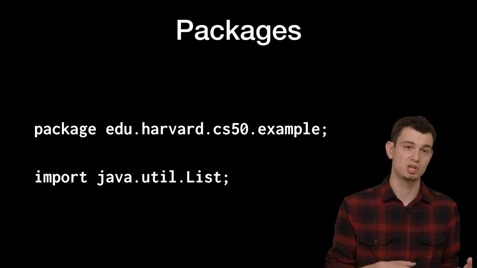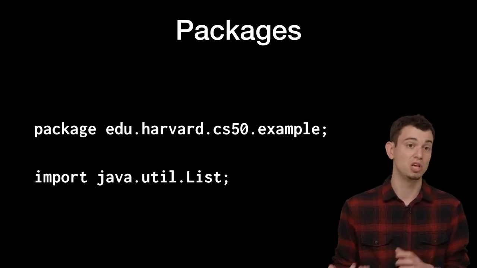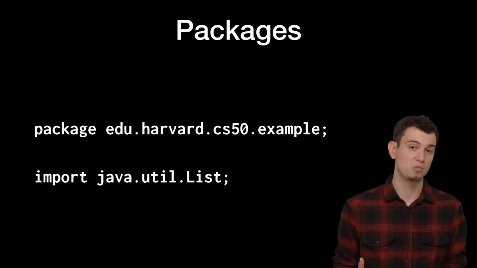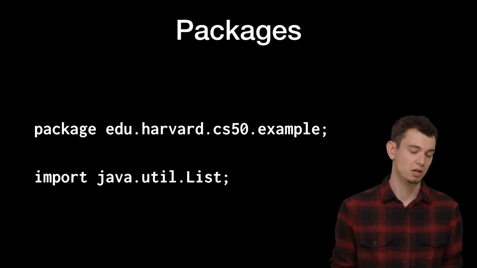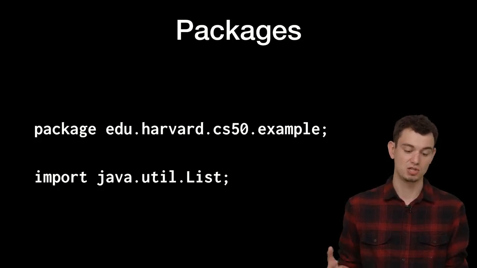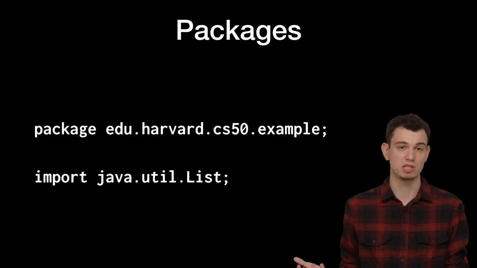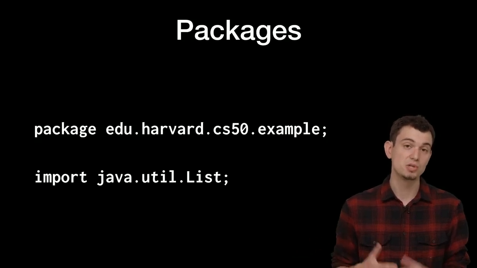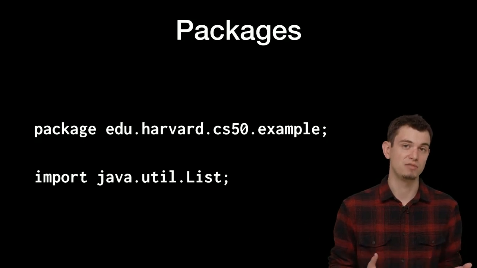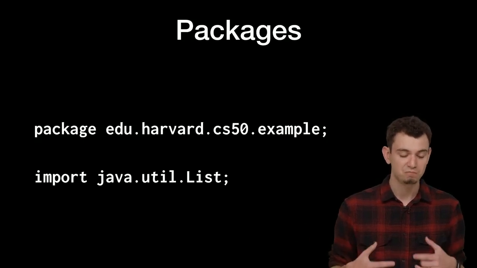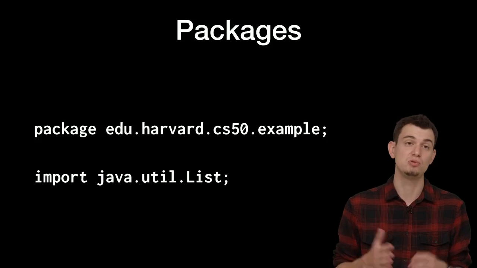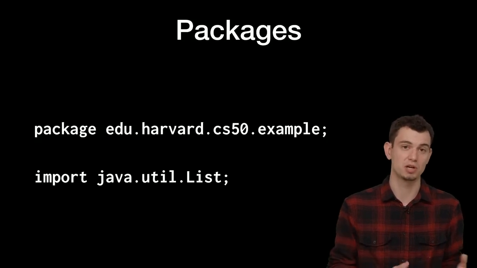It's just given to us because we're using Java. Then .util, which means there's a package somewhere called util, which is short for utility. And then the class name, .List. That's the name of the class that we want to use. So once in my file I've added this import java.util.List, that's going to mean I can use this list class, or this list interface actually, wherever I need to inside of my code.